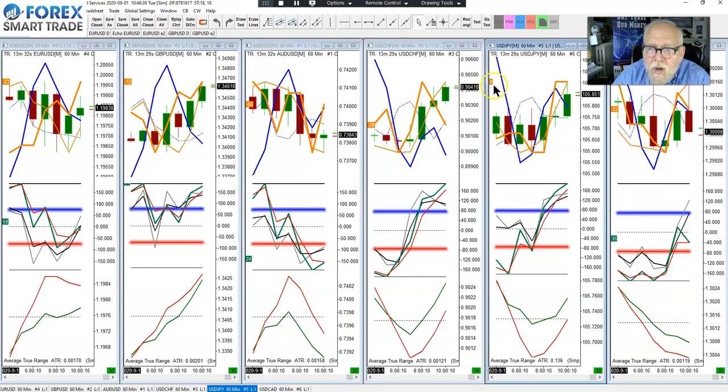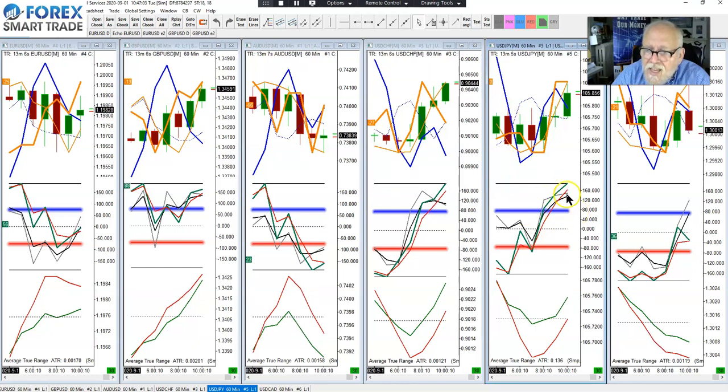So I've got condition 1, and once I have condition 1, I want something that supports that, confirming this. That confirmation is the majors and minors, and I want all of them above the overbought line. So in this case, they are all well above the overbought line.